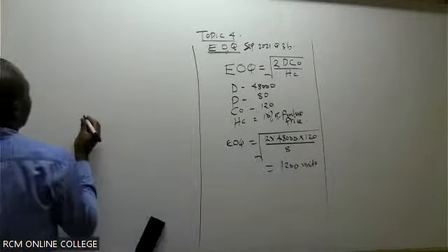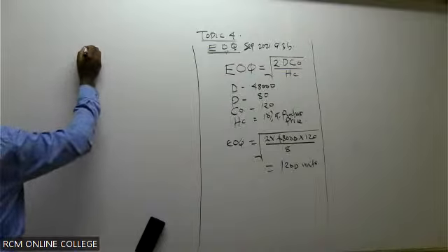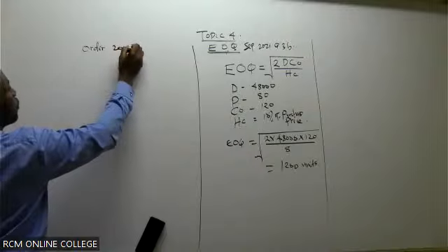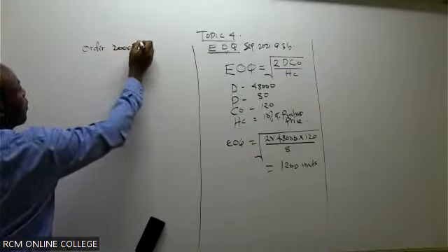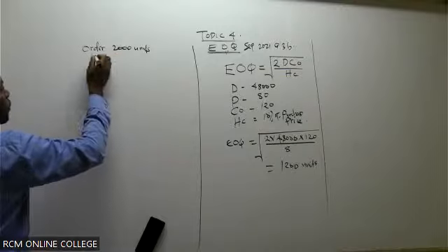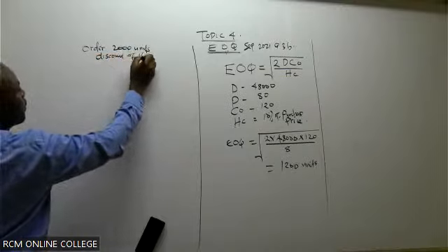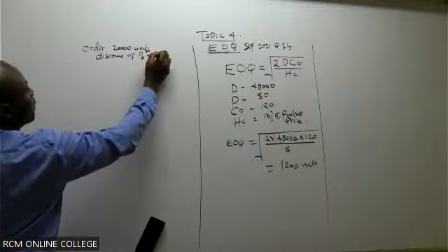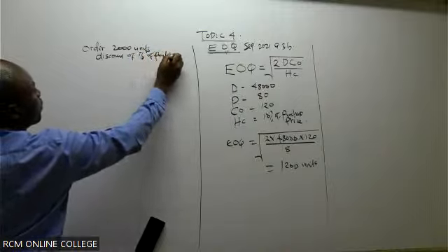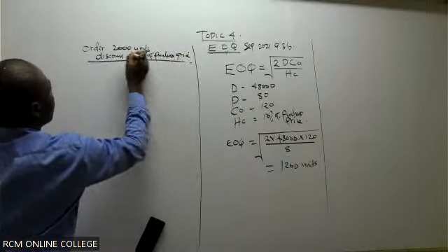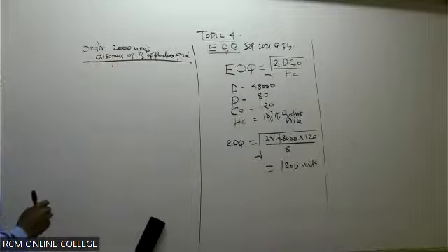The offer is order 2,000 units, and then enjoy a discount of 1% of purchase price. So if you order 2,000 units, you're going to enjoy a purchase price discount of 1%.